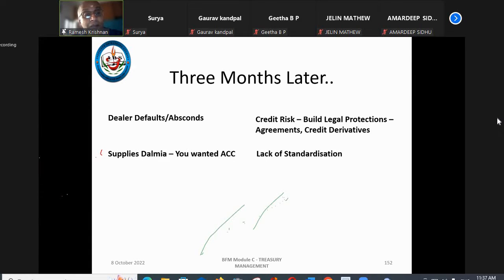Now, he supplies Dalmia cement, you wanted ACC cement. So this is again a lack of standardization. You have not specifically mentioned in the contract what cement you want. Whereas if you go to the futures contract on the exchange, everything is standardized. Wheat futures will say wheat of so much dryness, so much humidity, some specifications about protein content per gram, like that.